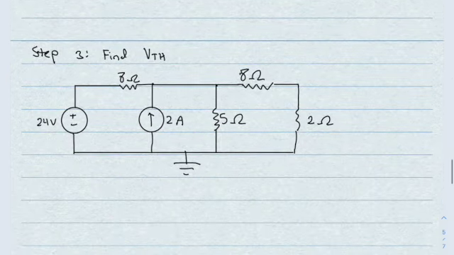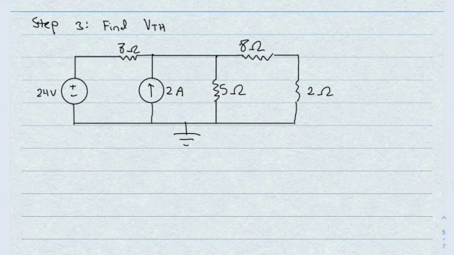Now find V Thevenin. Well, we're going to remove the load resistor once again. Every single one of these steps, you remove the load resistor. And V Thevenin is going to be this open right here. How are we going to solve for this?